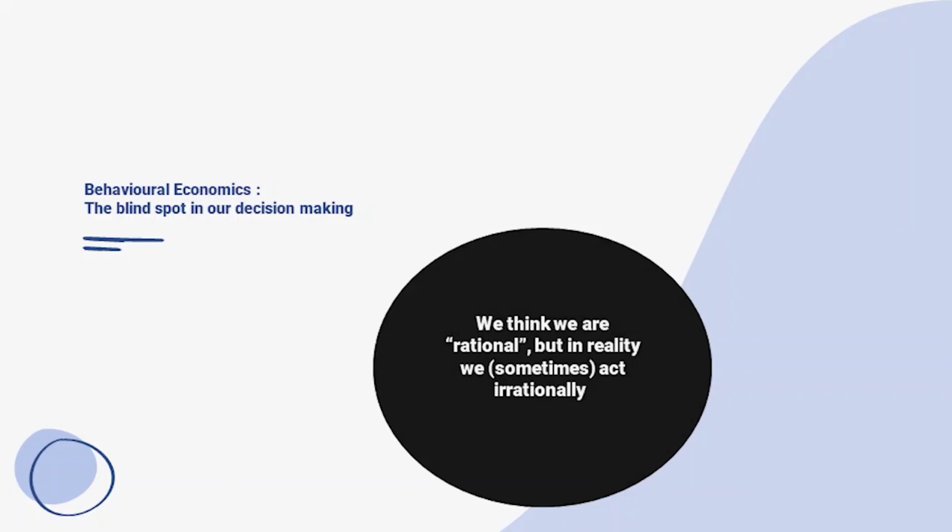Now, we know for a fact that that's not quite true because sometimes we end up acting very irrationally, and that represents a blind spot in decision making, where we all think that we're rational, but we sometimes end up acting in ways which are irrational. And we're not only irrational, but as Dan Ariely, a famous psychologist, likes to call it, we are predictably irrational.